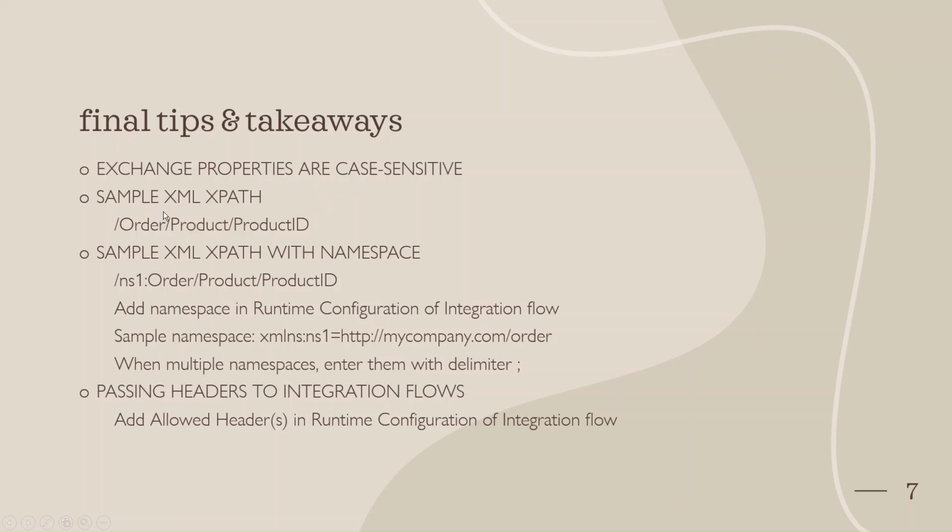And we already discussed how to use simple XPath, and XPath with namespace, what you have to do in the runtime configuration if the XML contains a namespace, and the final thing is how to pass headers to integration flows.